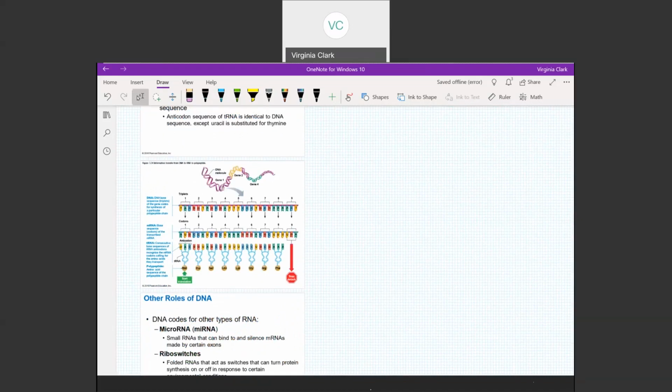If you want to be able to code DNA, this is going to be an important slide to look at. Just as a reminder, this is your DNA. Then you go from your DNA to your mRNA. When you go from DNA to mRNA, this process is transcription. And then your mRNA is going to connect to a tRNA.